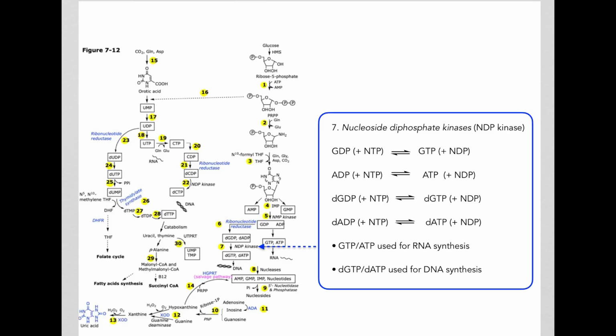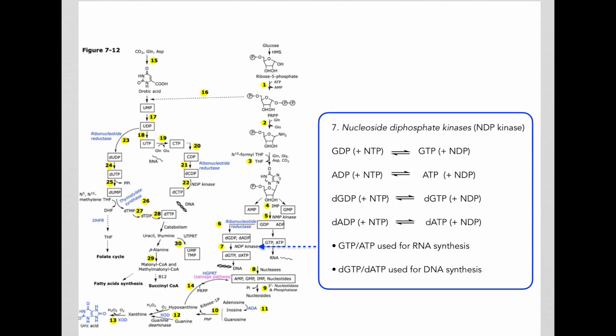In the next step, enzymes called nucleoside diphosphate kinases, or NDP kinases, will convert all the diphosphates into triphosphates. So all the diphosphates, whether they have ribose sugars or deoxyribose sugars, are all converted into their triphosphates. Of course, GTP and ATP are used for RNA synthesis, while the deoxy forms are used for DNA synthesis.